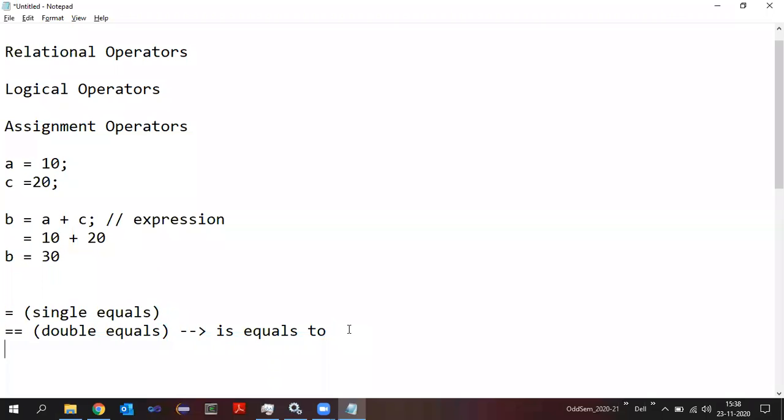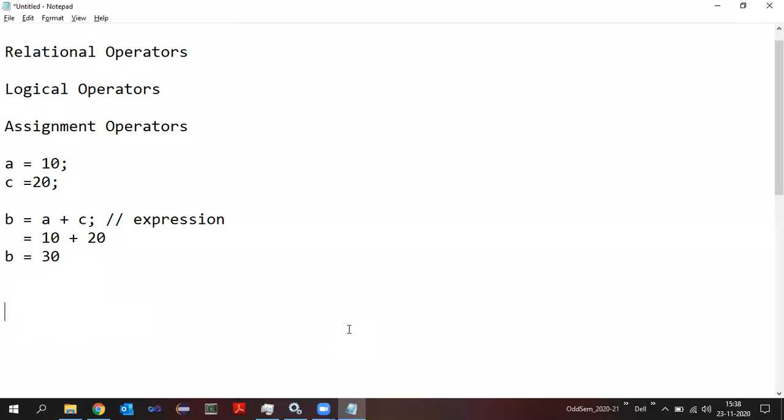Equals to is not an equals to in programming. Why do we say that? This equals to is not an equals to. It just assigns the value, but the real equals to is the double equals sign. I hope this assignment operator is understood here.